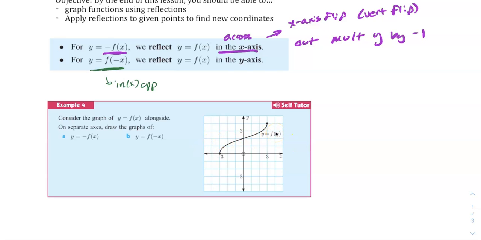Some people call this a y-axis flip. I call it a horizontal flip. And again, all you do is multiply our x values by 1 over negative 1, or divide by negative 1.